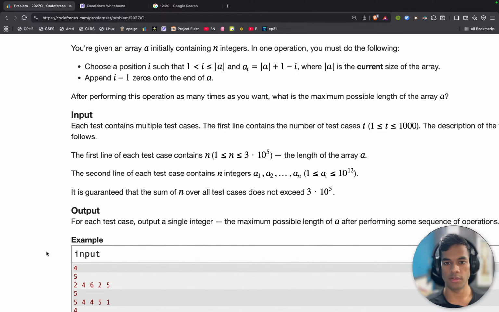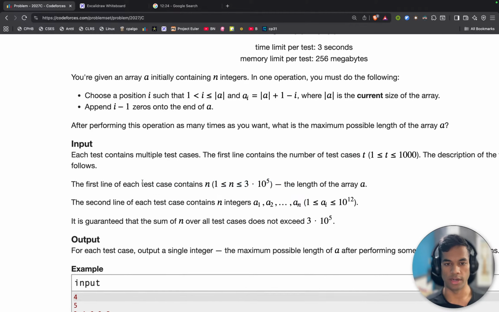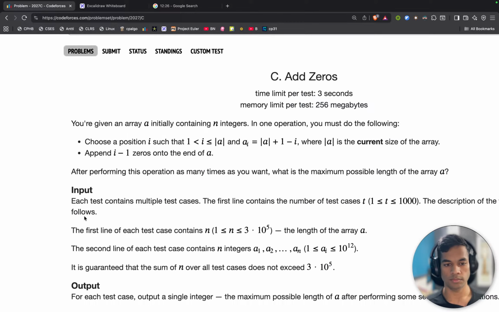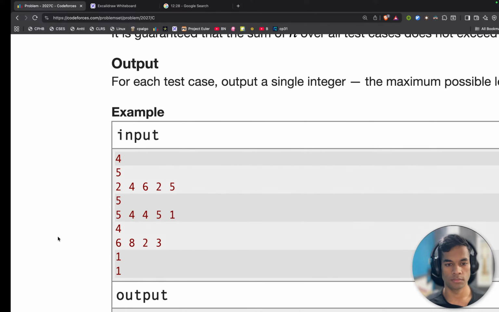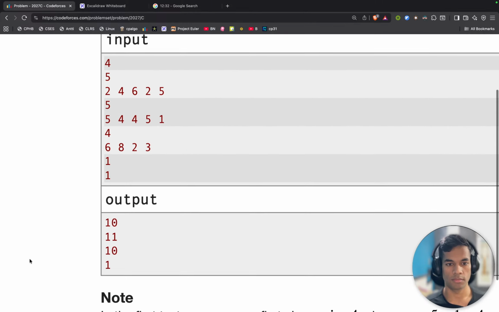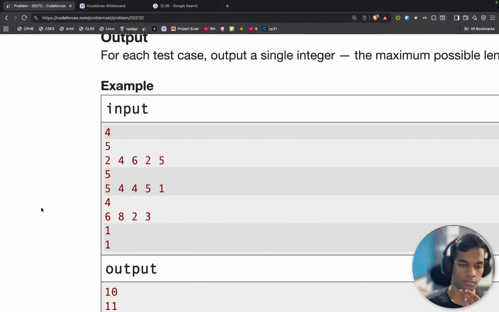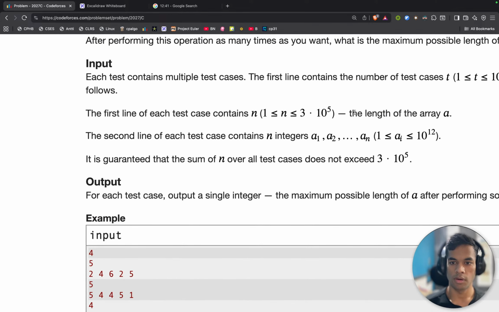That would be n square time complexity, and we cannot afford n square time complexity. Because this is 10 power 5, n square would be bad.